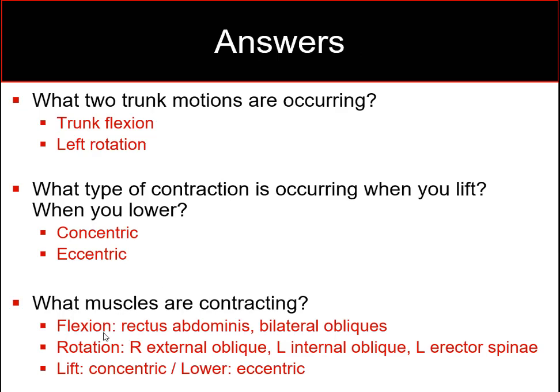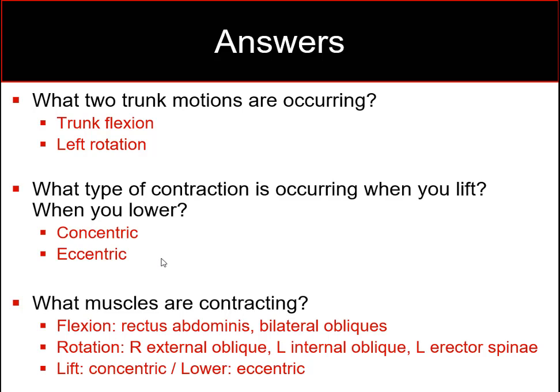And then the muscles are contracting for the flexion because you're doing trunk flexion. You're doing the rectus abdominis, bilateral obliques, and then for the rotation component, because you're doing left rotation, you're going to be doing the right external oblique, left internal oblique, and the left erector spinae, and then the eccentric on the way down.